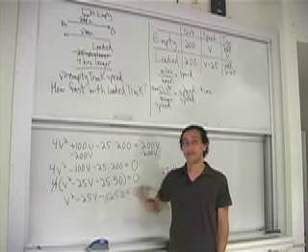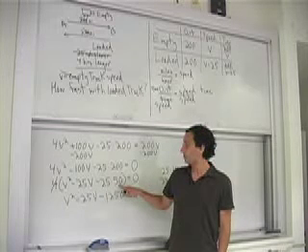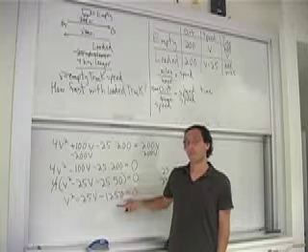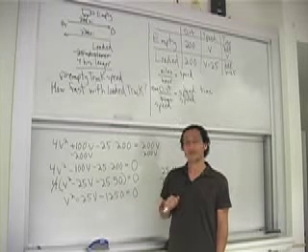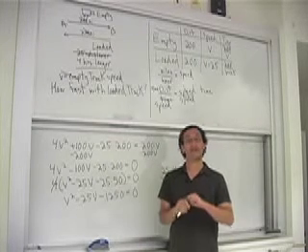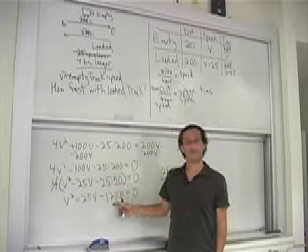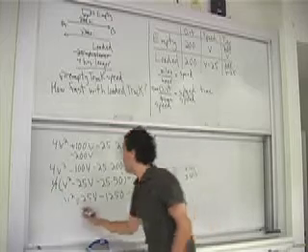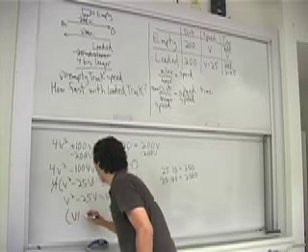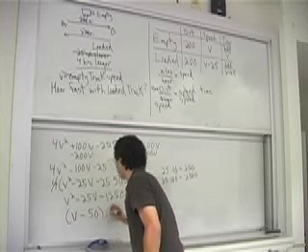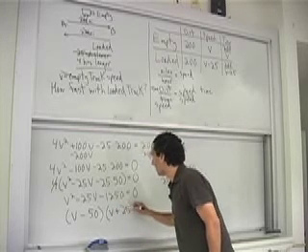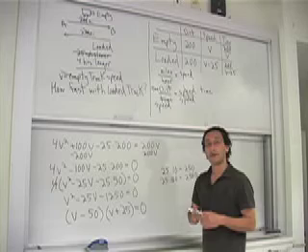The answer is staring us in the face. Two numbers whose difference is 25 that multiply together to give us 1250. How about 50 and 25? We just saw that they multiply together to give us this, and that's their difference. All right, so we have V minus 50 times V plus 25 equals 0.